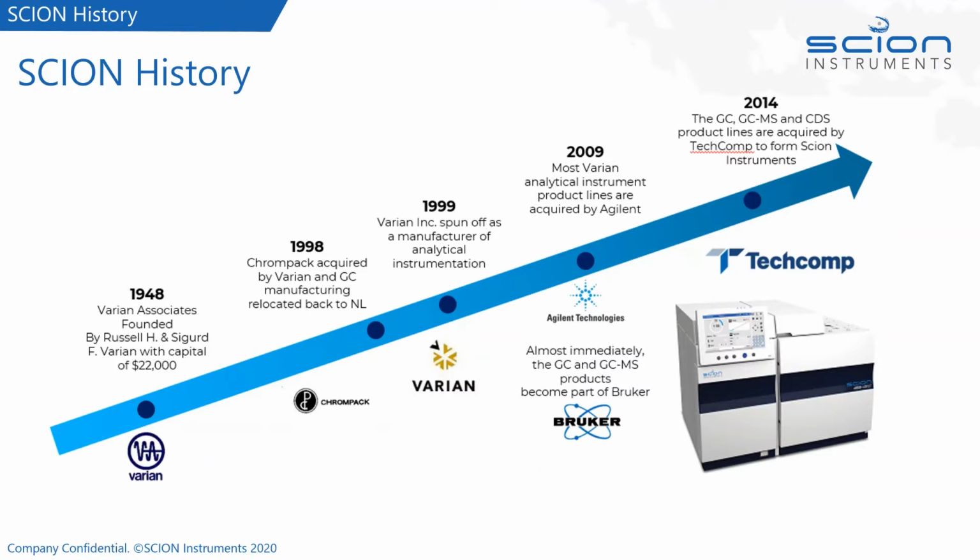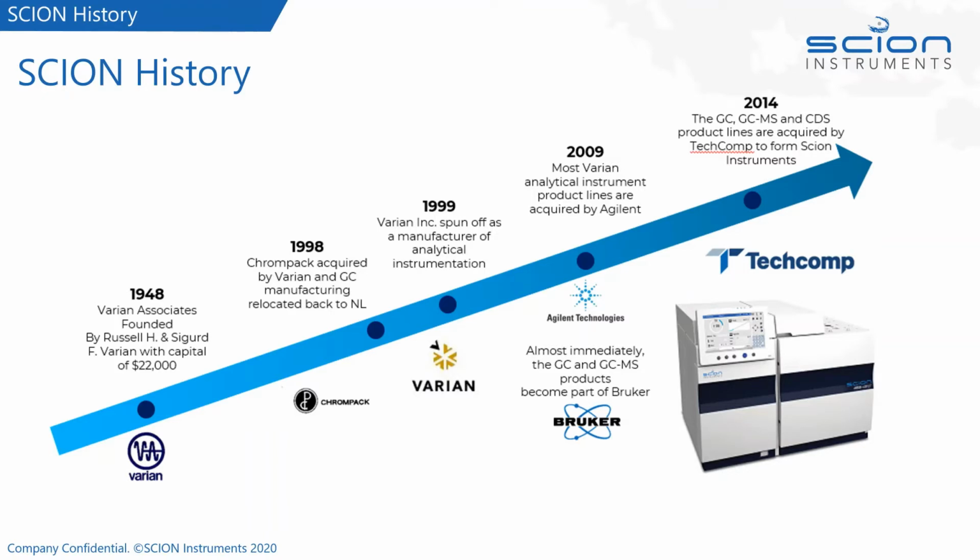In 2009, we were then acquired by Agilent, but what they did was they sold the GC and GCMS product lines to the Bruker part of the business. So we became Bruker up until 2014, where TechComp Limited bought the GC, GCMS and chromatography data system from Bruker.